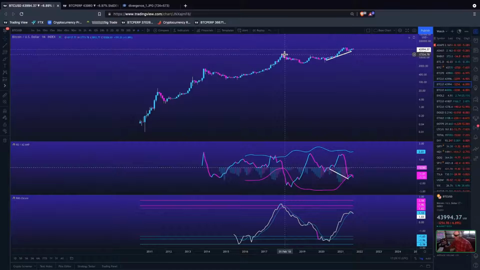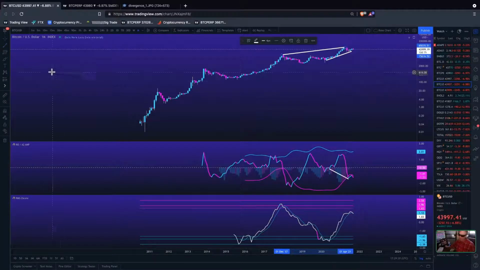So on the Z-score, right? And we're talking about a monthly chart. Here's the 20K high. The run up started September of 2015 at $230 all the way to 20K. Look at the Z-score.